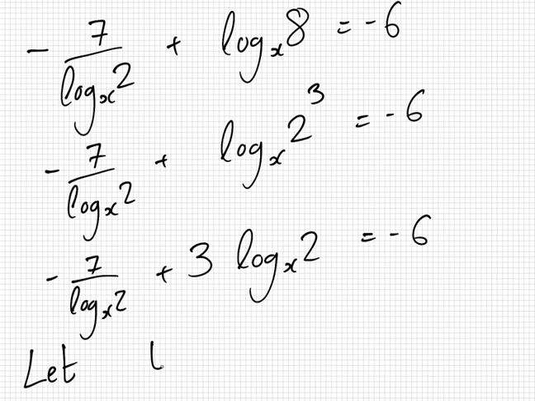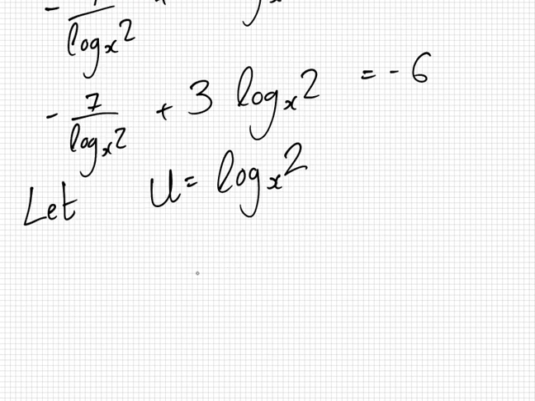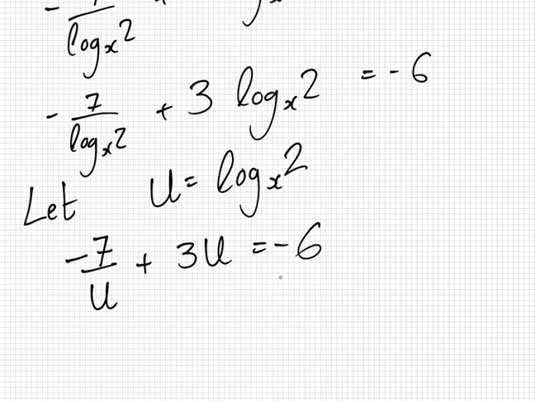Now, to make it a little easier, I'll let u equal log x2, just so it looks a little clearer. So this would be minus 7 over u plus 3u equals minus 6. It's a little bit easier if I look at this with a u instead of a log x2.